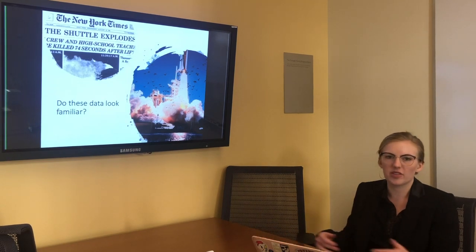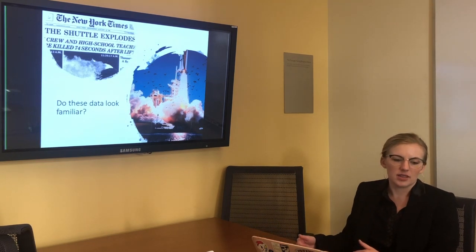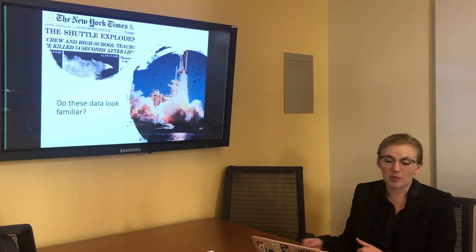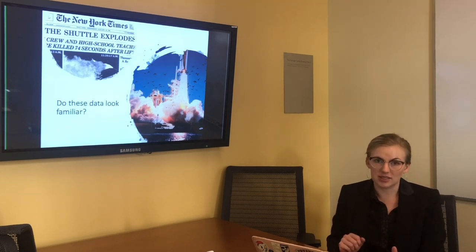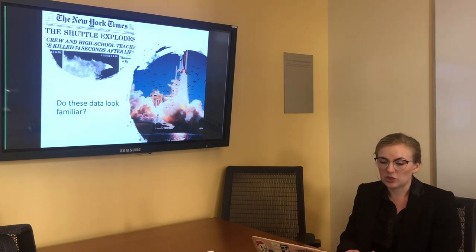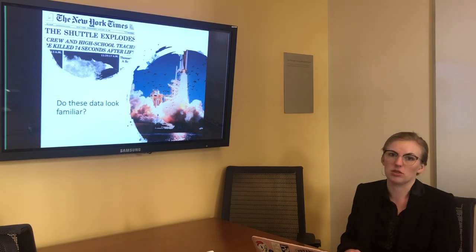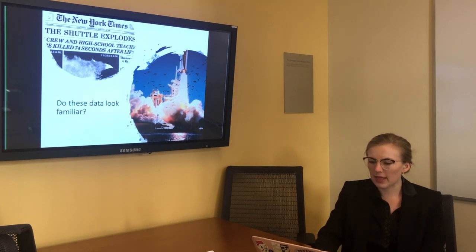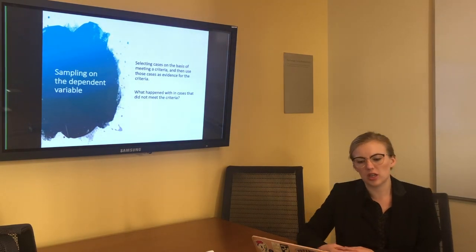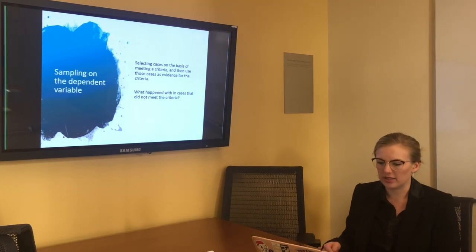And because of that faulty sampling, they made the incorrect decision to launch the rocket that killed all of the astronauts and the teacher that were on board. So this introduces students to the concept of sampling on the dependent variable.